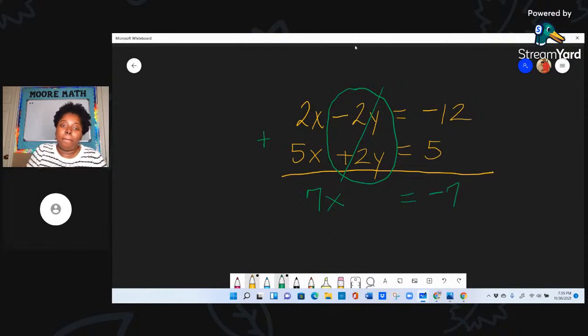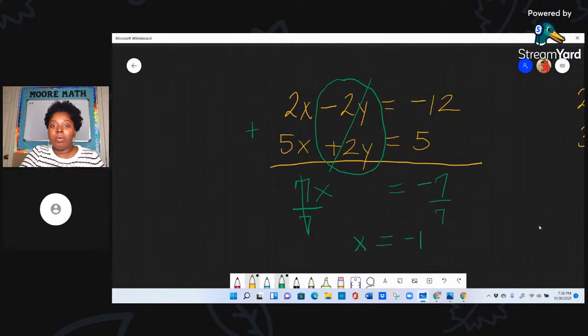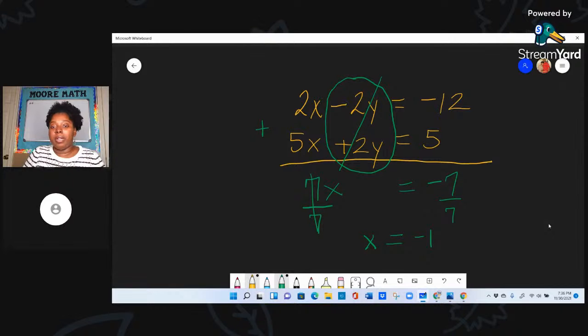By what? 7. Good job. I'm going to divide both sides by 7, and x equals? Negative 1. Good. So x equals negative 1. Now what do I do with this x equals negative 1?